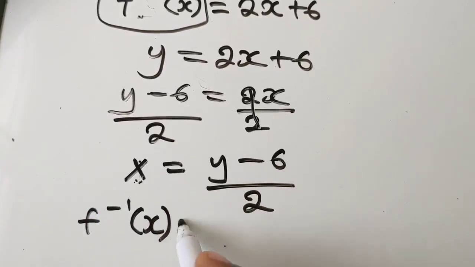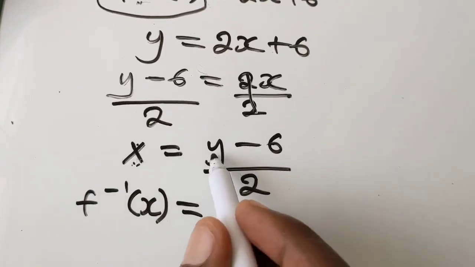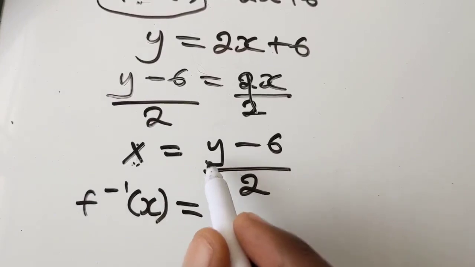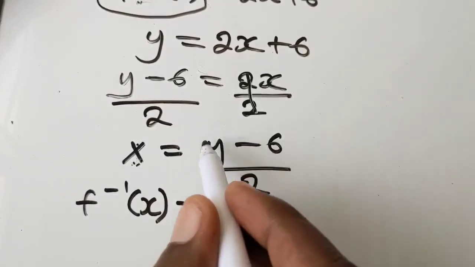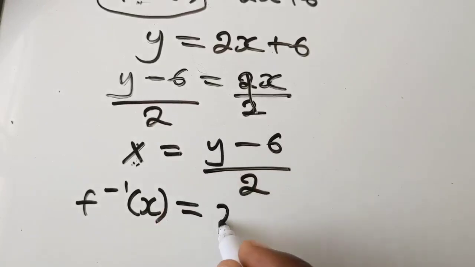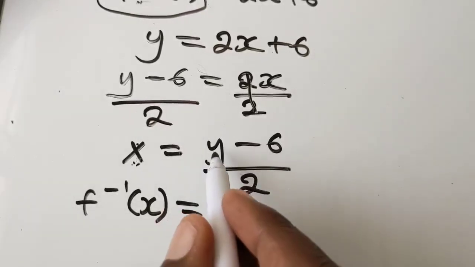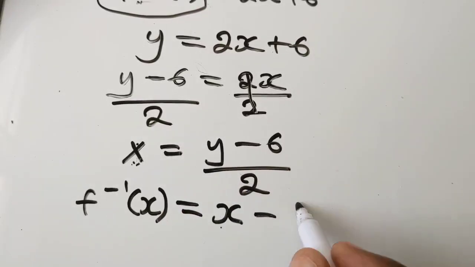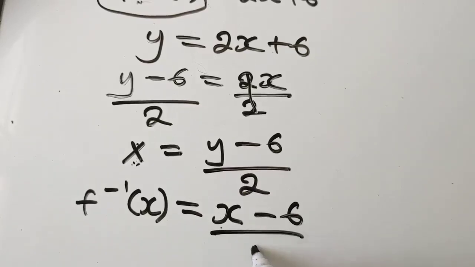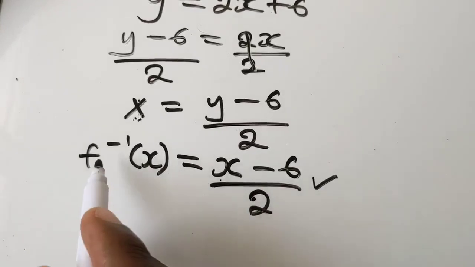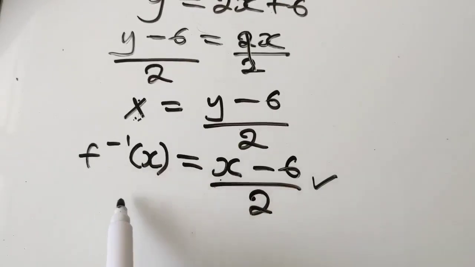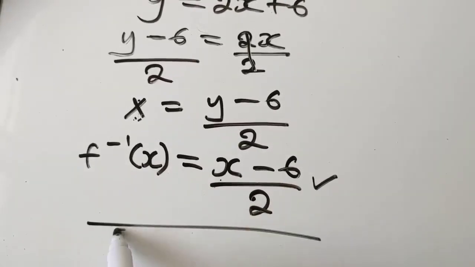Now where there is y in your equation, replace y with x again. So it is going to be like this over 2. So this is the inverse function of f of x. So this is how you find the answer. I hope you have gotten the point there.